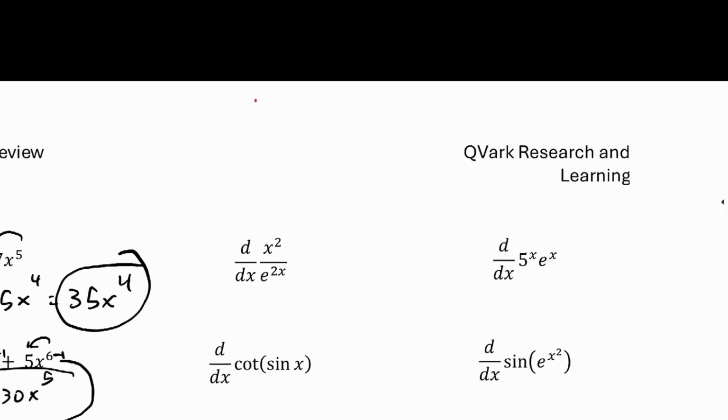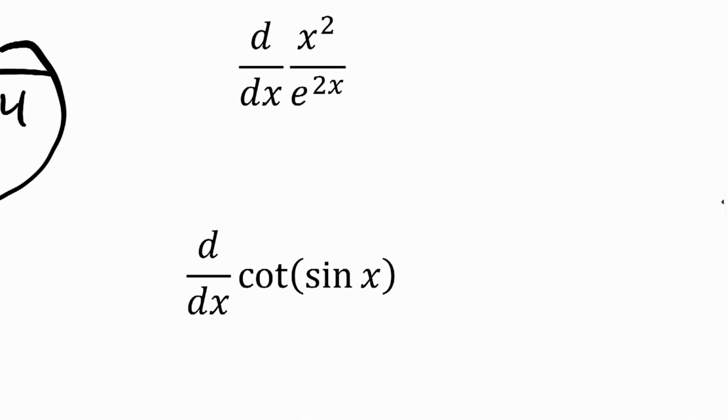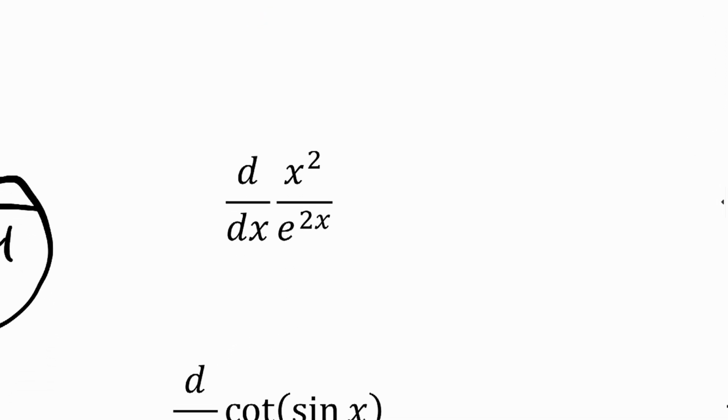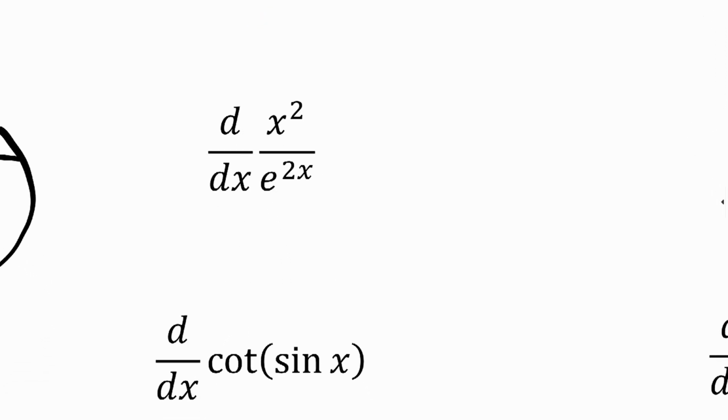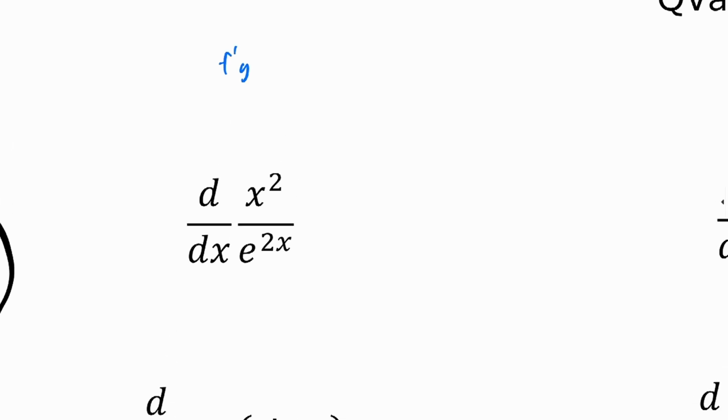Let's keep going. Top right. So this is a quotient rule derivative. This is the first time we're going to use quotient rule here. The quotient rule is not that bad, not too bad at all. Simply remember the formula, f prime g minus g prime f all over g squared.